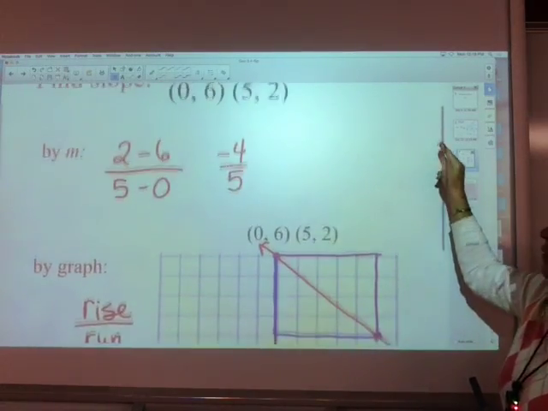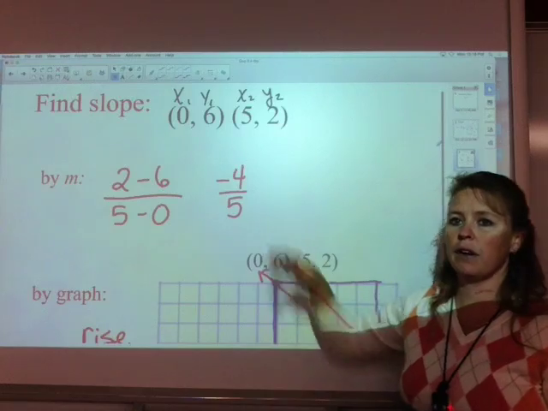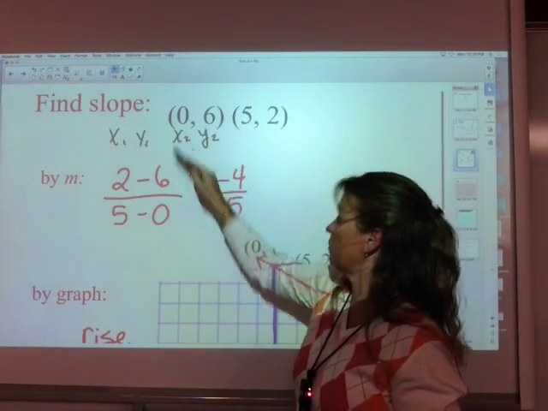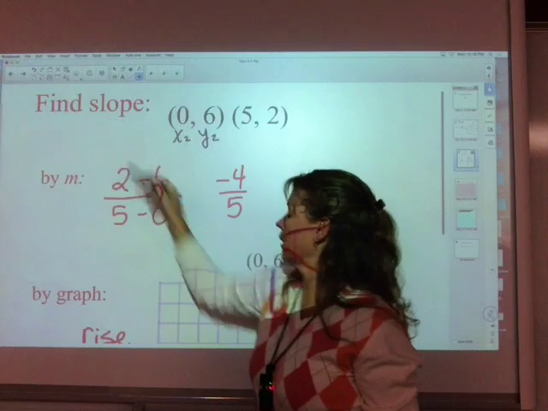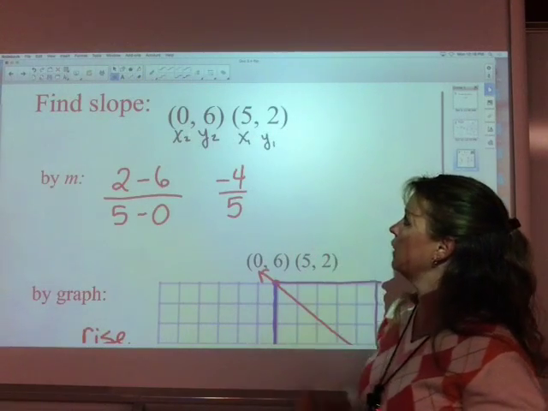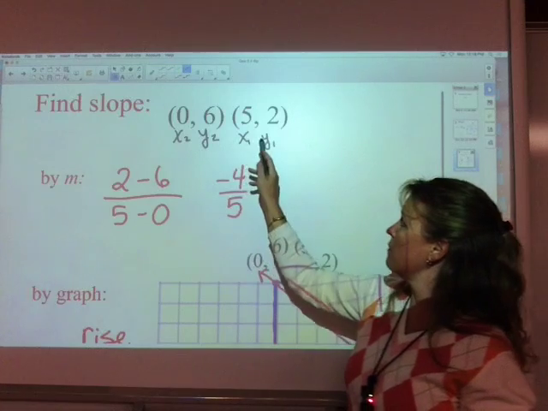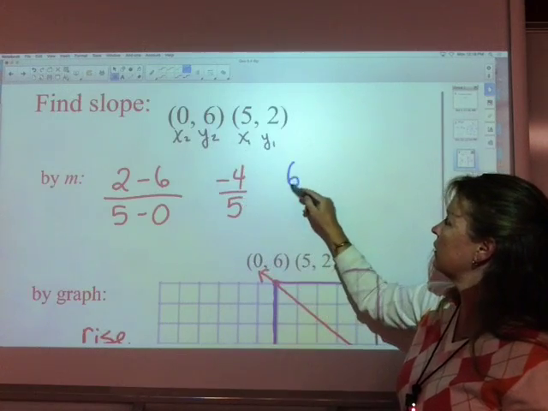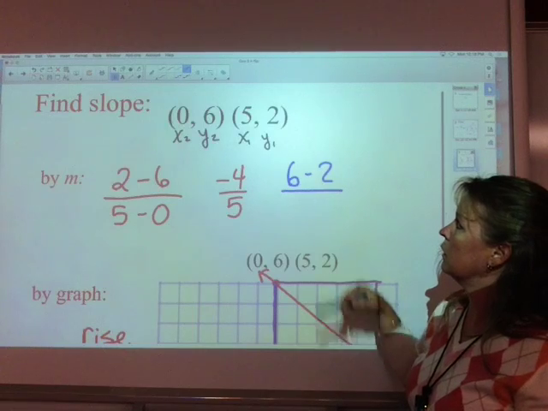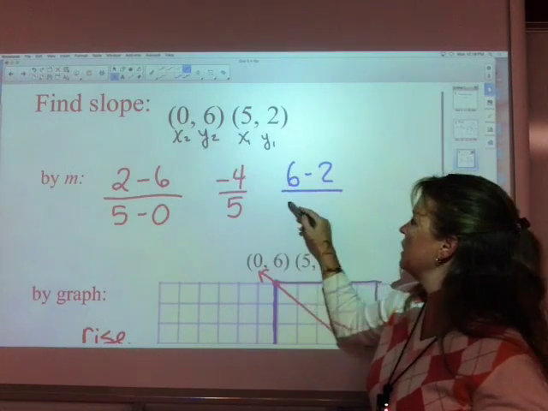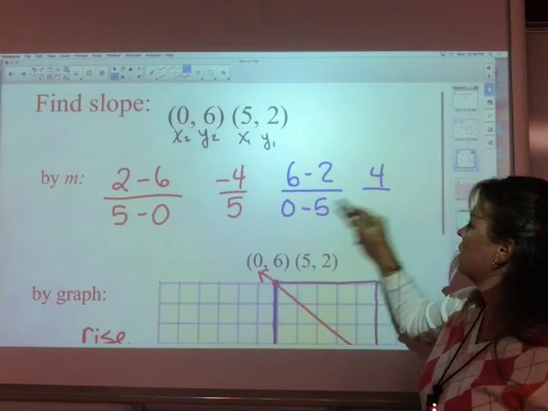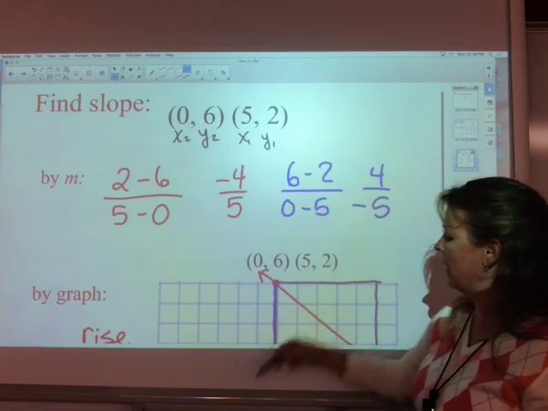And if I may back up to your slope up here when you found it, let's say you decided, no, I want this to be my second x and my second y. And you're going to put your first x and your first y over here. We do the same math. y2, 6, minus y1, which is 2, over x2, 0, minus 5. 6 minus 2 is 4. 0 minus 5 is negative 5.